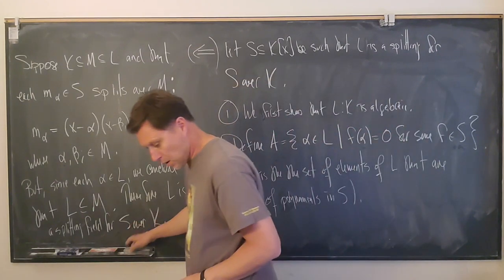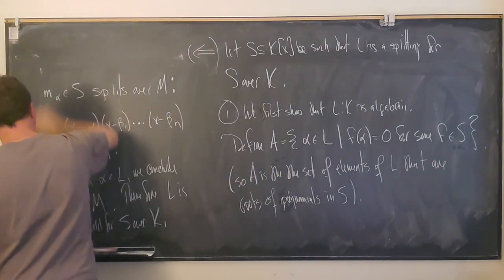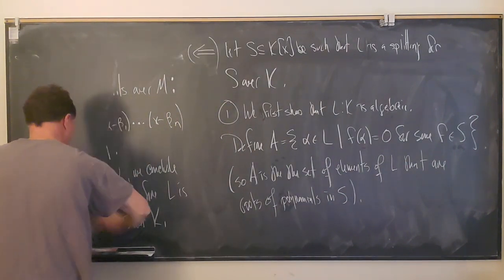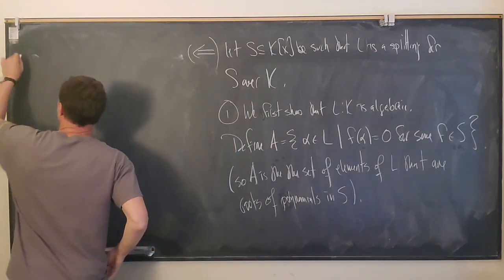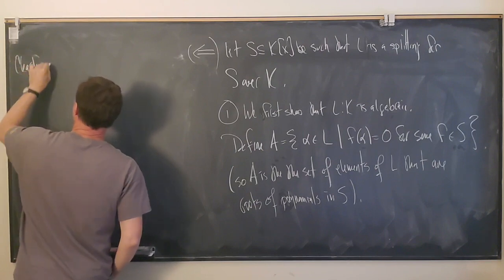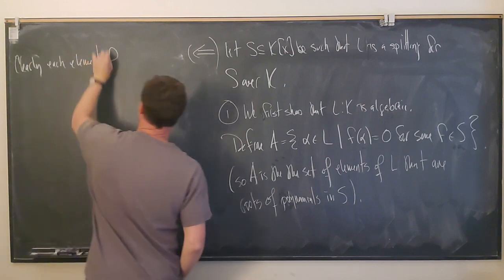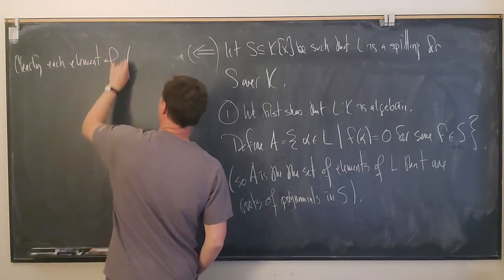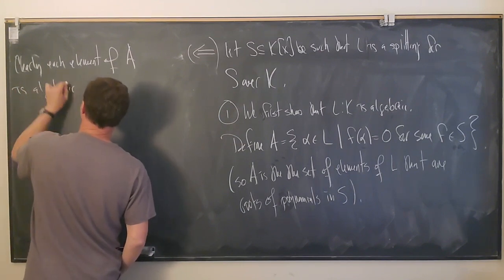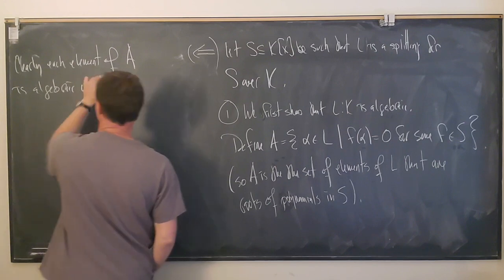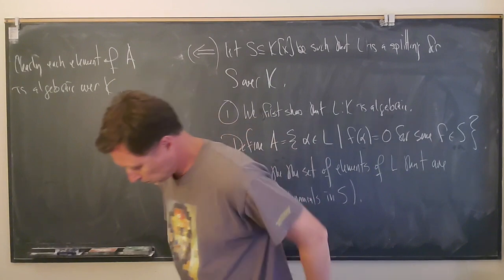Of course, each element of capital A is algebraic over K. So clearly, by construction, right? Each element of A is algebraic over K. As we said, it's a root of a polynomial.